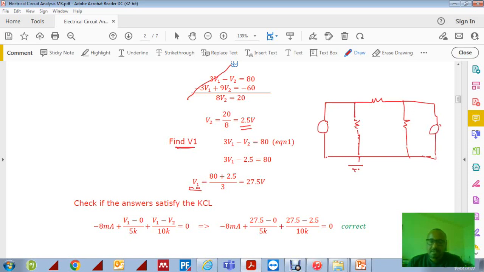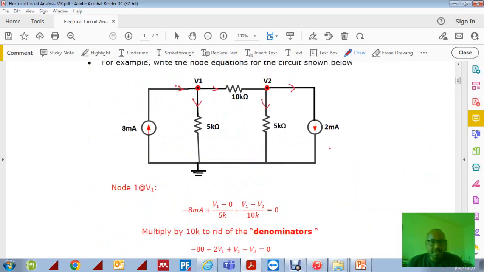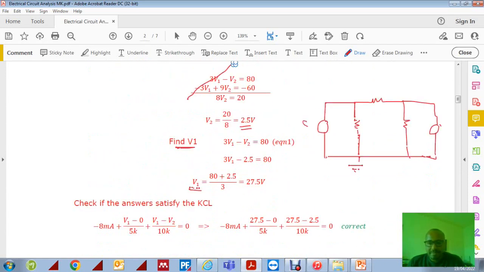Current, so V1, V2, 5k, 5k, 2, and 8 milliamps. So that was 8 milliamps, and the direction was that side, entering into that side. And then this direction was that side, which is 2 milliamps.